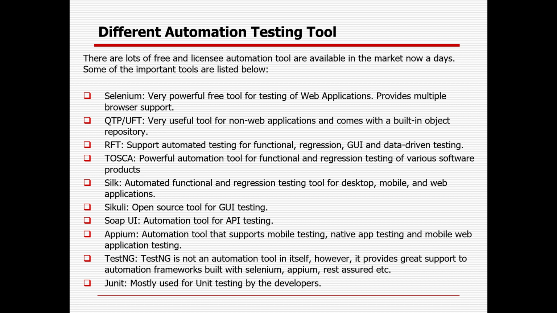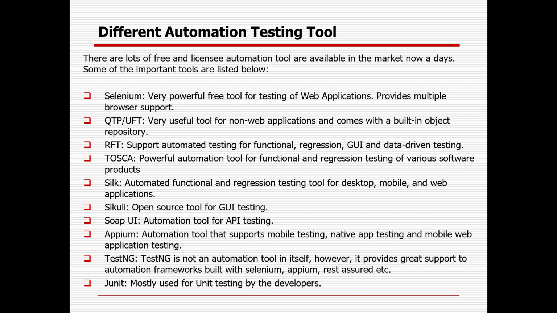TestNG is a framework which supports Selenium, Appium and REST Assured. JUnit is also a framework which is supported by the developer. JUnit can also be used in the BDD Cucumber framework. Apart from that, there are a huge number of tools like Cypress, Playwright, and Katalon Studio.